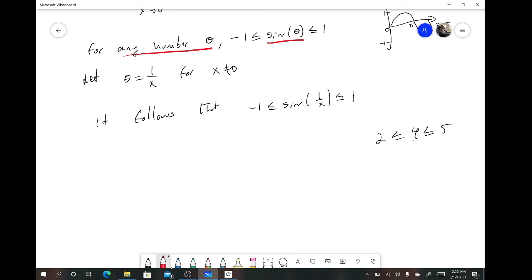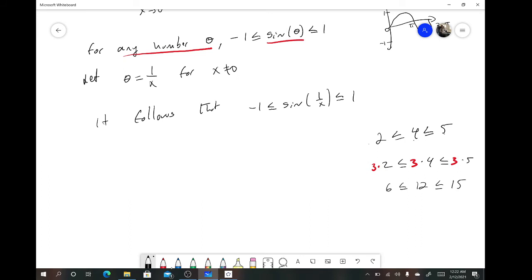So I'm going to have 3 times 2 is less than or equal to 3 times 4 is less than or equal to 3 times 5. We'll see that 3 times 2 is 6, and that is certainly less than or equal to 12, which is definitely less than or equal to 15.